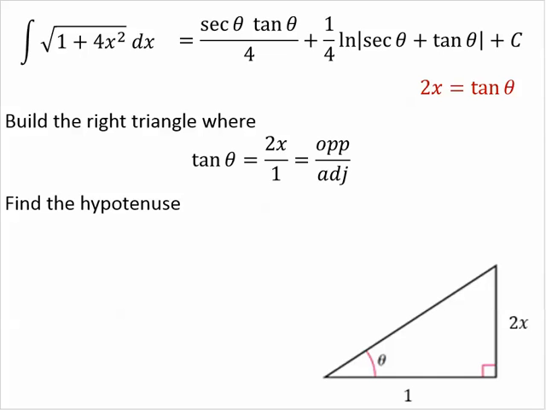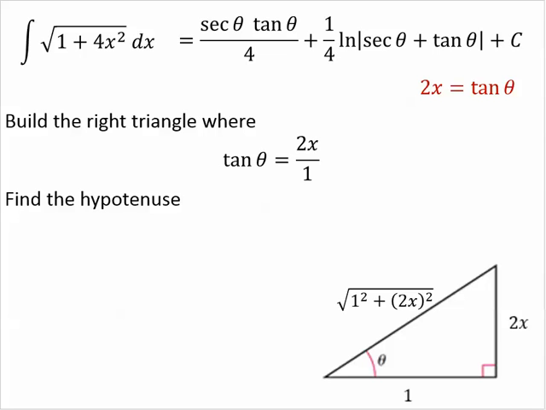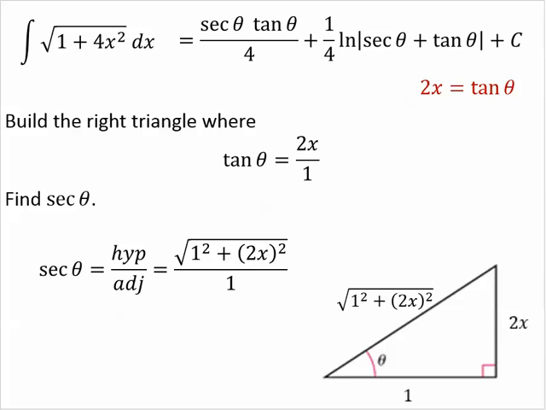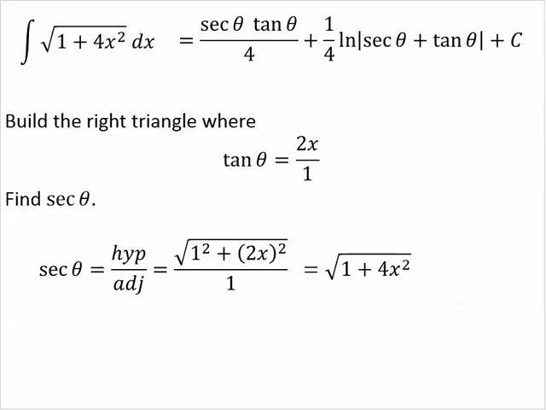After you figure out what your legs are, find your hypotenuse. All right. So we need to know what secant is in order to substitute back. And so what's secant? Well, that's hypotenuse over adjacent. And then simplify this, and you get radical 1 plus 4x squared.